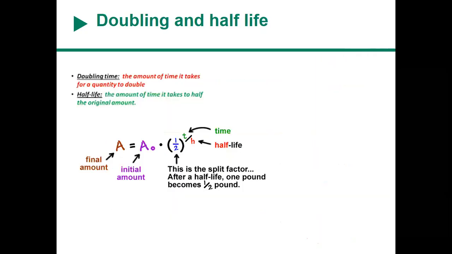So in your notes, I tried to make sure I give you all possible examples of things you may deal with when it comes to exponential problems. The next one here, we have doubling and half-life. Doubling time is the amount of time it takes for a quantity to double, and half-life means the amount of time it takes for it to be cut in half, right?